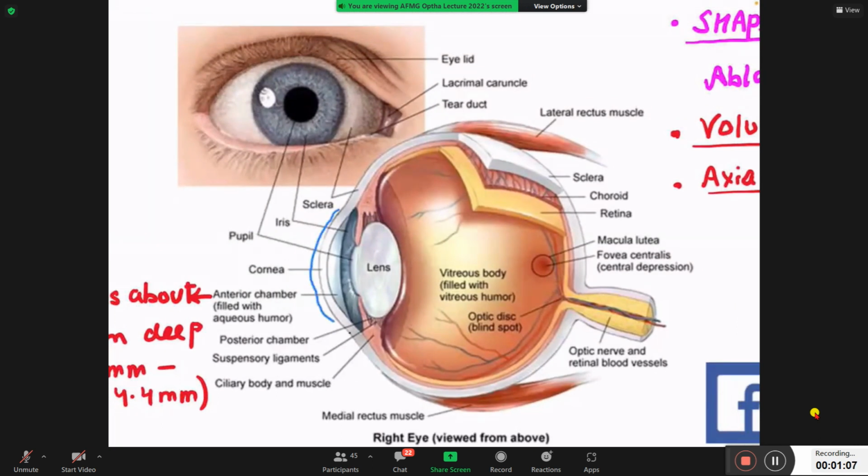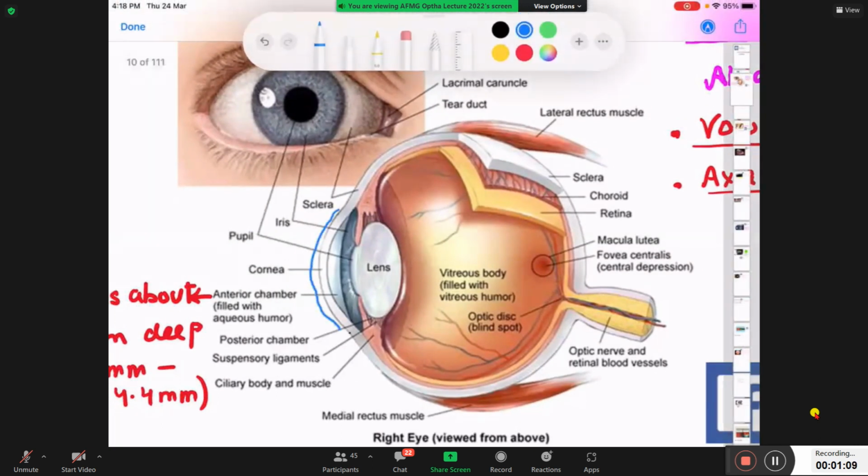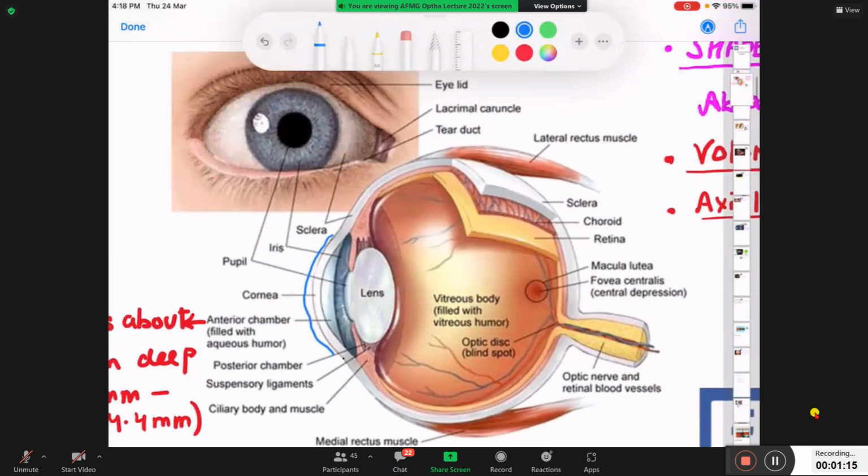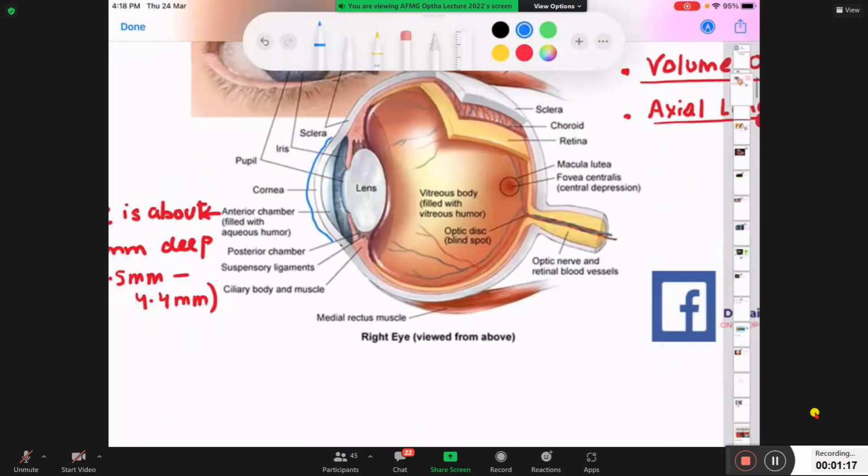This anterior-most 1/6 part of your eyeball, which is transparent in structure, is called cornea. What do you mean by transparent? By transparent, we mean that all the light rays coming through the cornea can pass through it. So this anterior 1/6 part of the eyeball is called cornea.